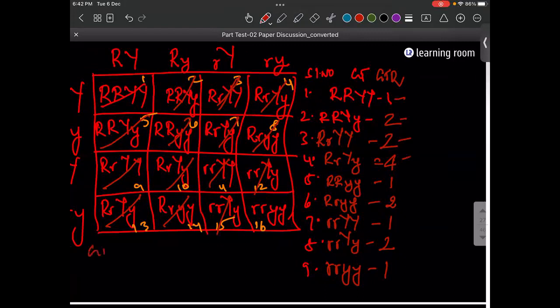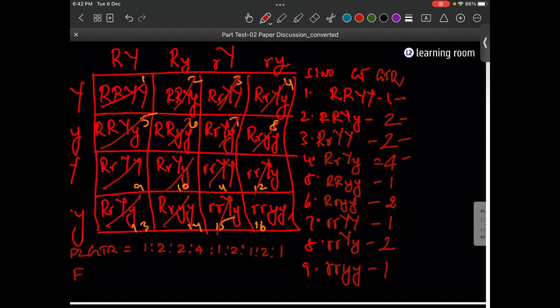Tell me the genotypic ratio. That's the genotypic ratio of F2.